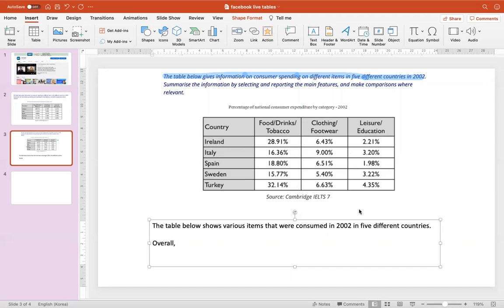What can we say generally? Anybody want to? Yeah, overall, Ireland consumed the highest in terms of food, drinks, and tobacco. Mm-hmm.